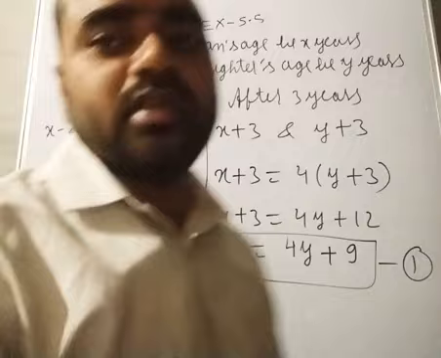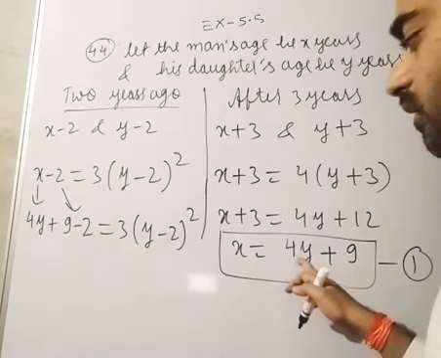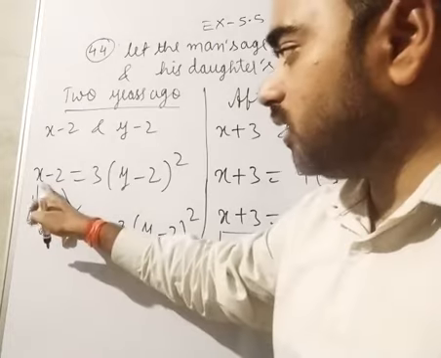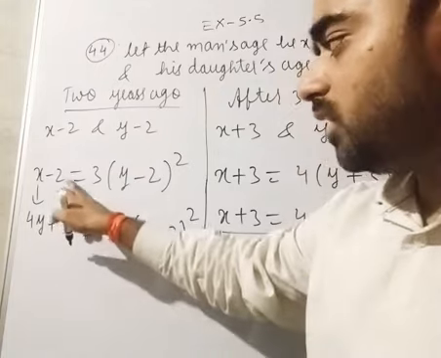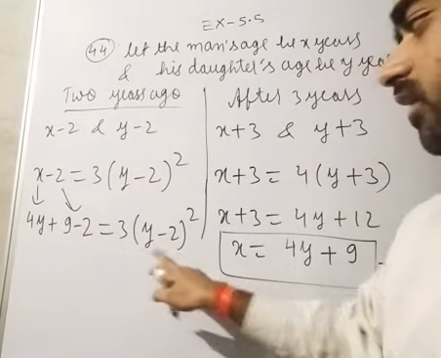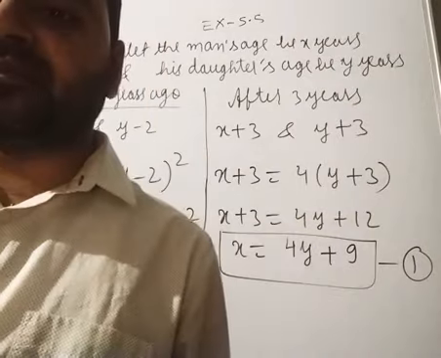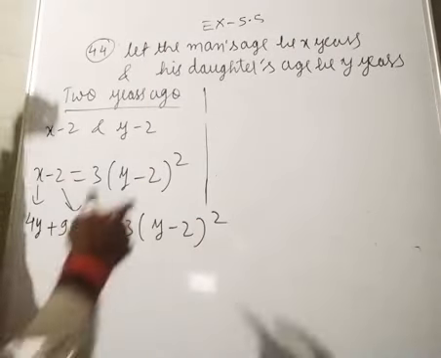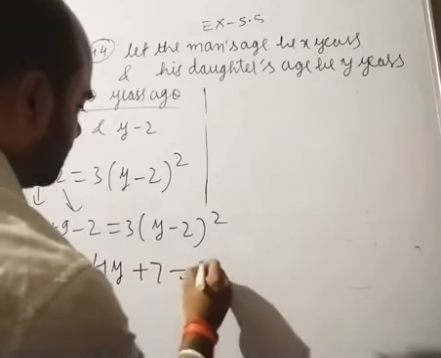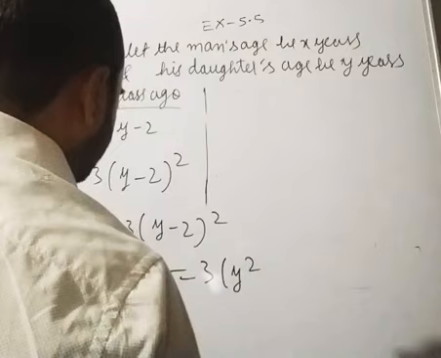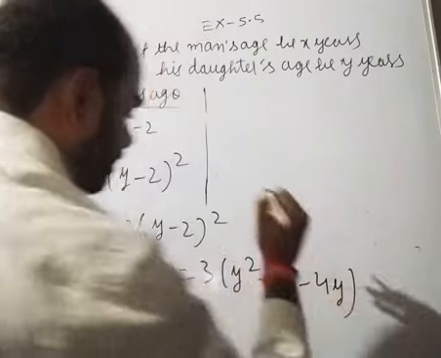This understood? We have calculated x is equal to 4y plus 9. This value of x we are substituting in this equation. Then what is left? Minus 2 and then the whole equation. Clear? Now solve. This will be 4y plus 7 is equal to 3y square plus 4 minus 4y.